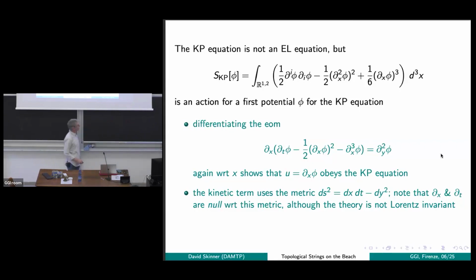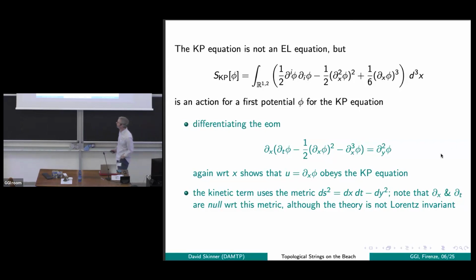Then the equations of motion for this action are these, and that's not immediately the KP equation, but if I differentiate again with respect to x, then if I identify the field, the height of the water u, as the derivative of this field phi with respect to x, then u will obey the KP equation if phi obeys this equation. So this is a potential form of the KP equation, if you like.